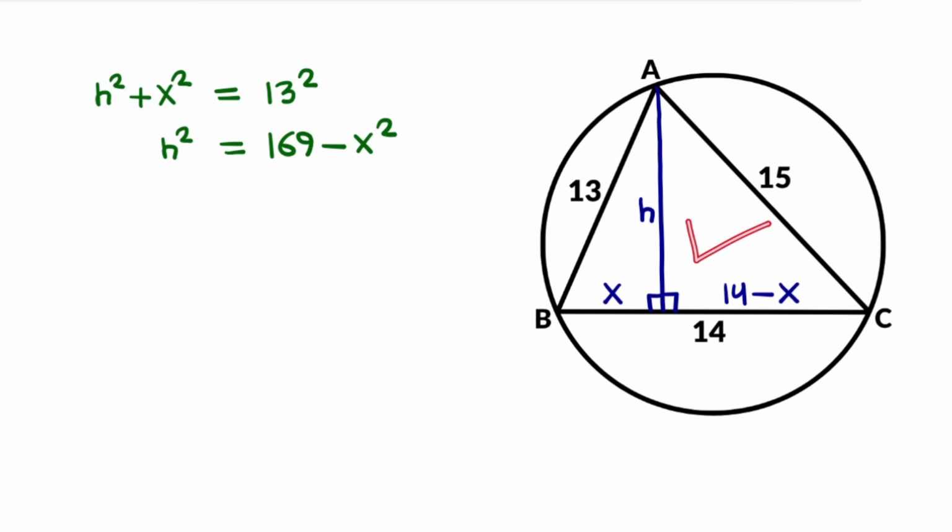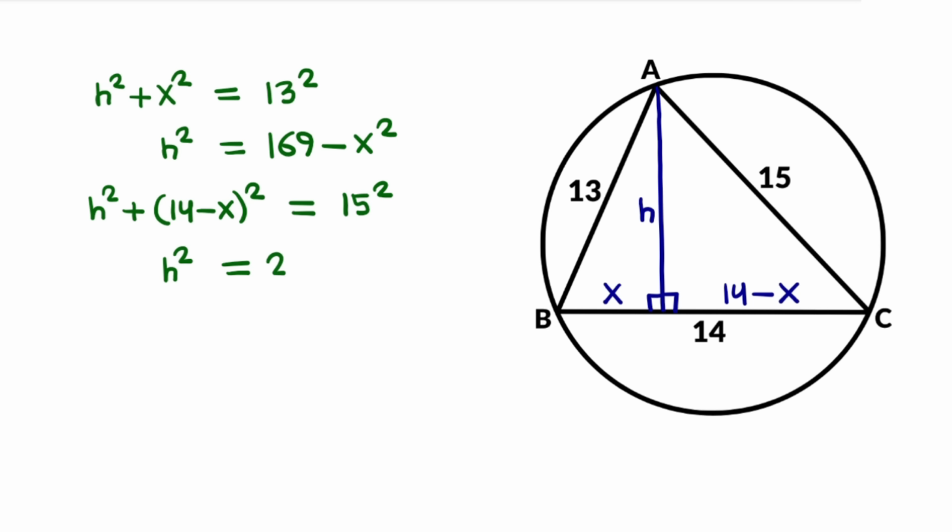For the triangle on the right, h squared plus the quantity 14 minus x all squared equals 15 squared. Since 15 squared is 225, we get h squared equals 225 minus the quantity 14 minus x, all squared. Since both expressions equal h squared, they must equal each other.